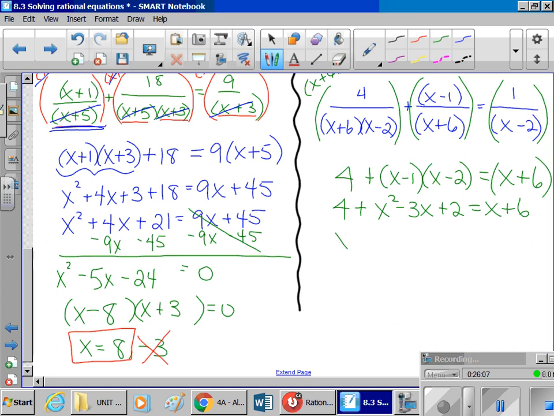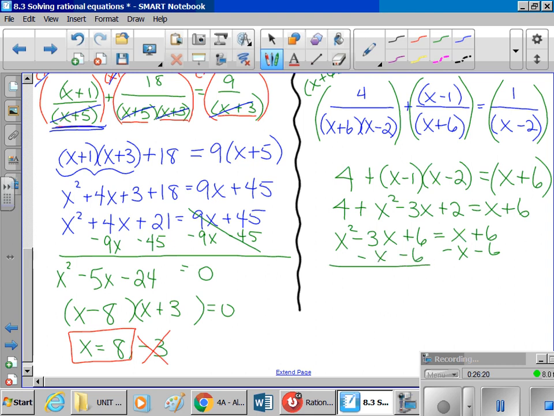So I get x squared minus 3x plus 6 is equal to x plus 6, minus x minus 6. And I get x squared minus 4x is equal to 0. Factor out the x, and I get x times (x minus 4) equals 0. So I get x equals 0 and positive 4.